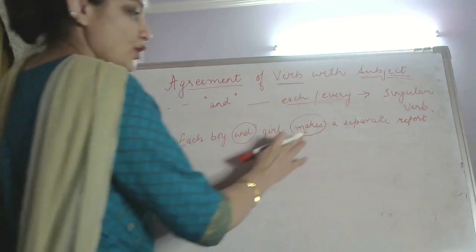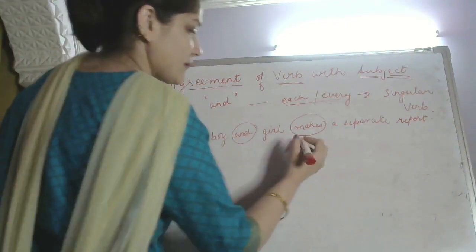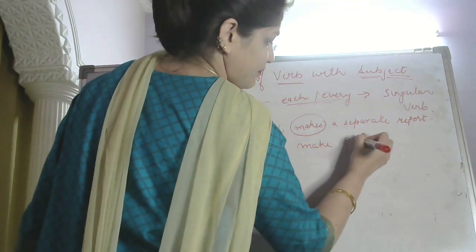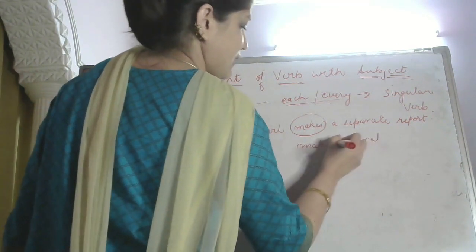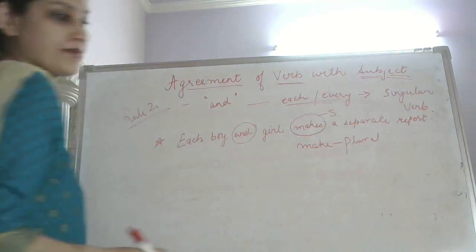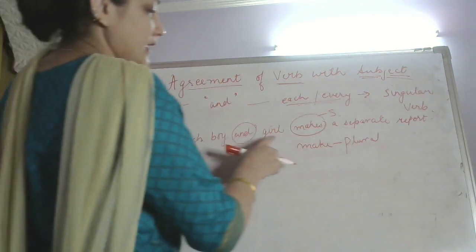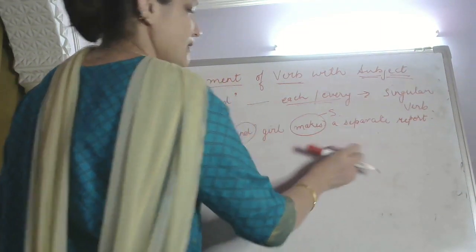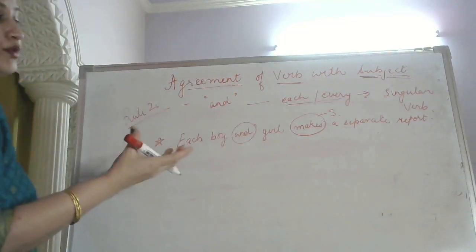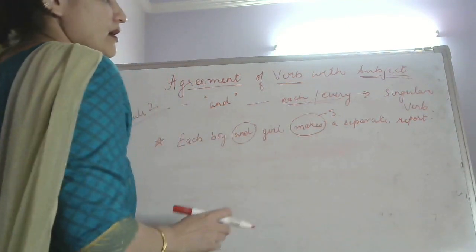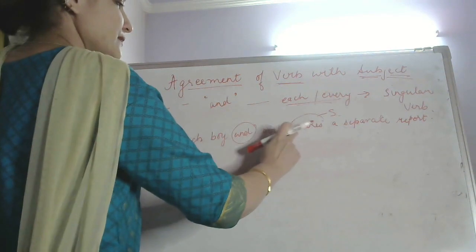Right? I hope you know that. Make is plural and makes is singular, right? So each boy and girl makes a separate report. In case there were two or more people, then of course we will write make, but makes is singular.